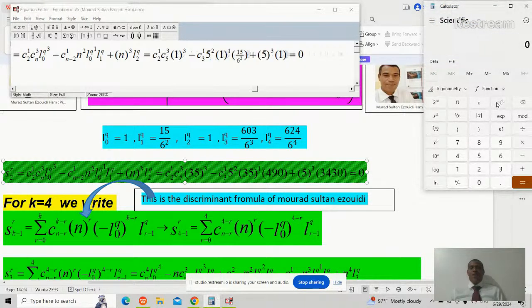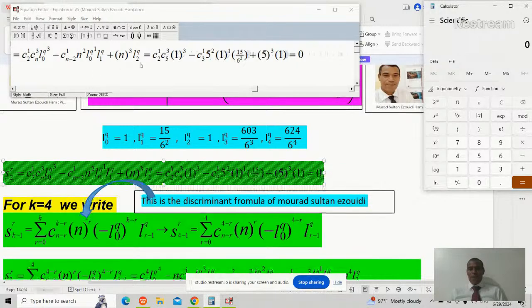I want to find the value of S2. The value of S2 is 2 times 5 choose 3, which is 10. 2 times 10 is 20. I will write 20 times 1, okay, times 1, raised to the power 3.